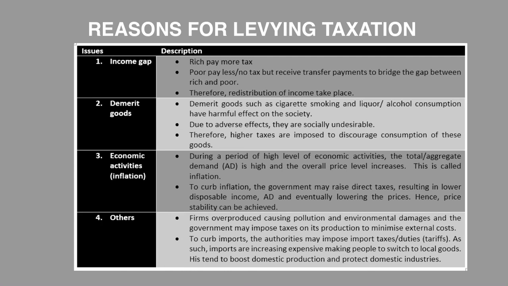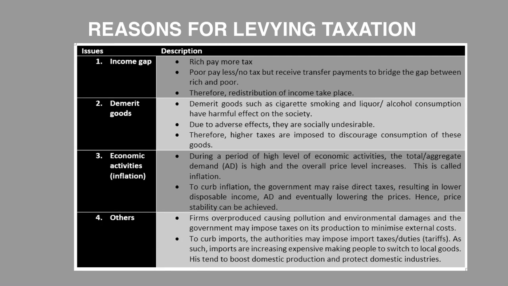More economic activities or higher economic activities in a country is good, where it will stimulate economic growth. It will increase the national output, as well as employment. However, it also increases inflation in the country.